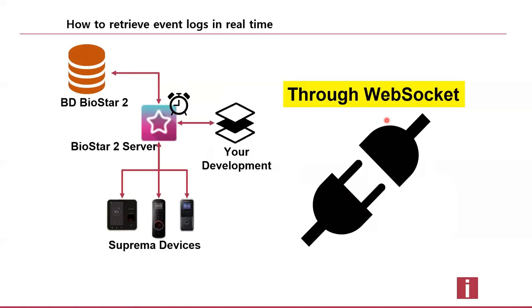All that procedure consumes a couple of seconds, so it's not completely real time. But when you are working through the WebSocket, the communication is pretty much in real time. So in case your application needs to work in real time, this will be a choice that you will have, okay?